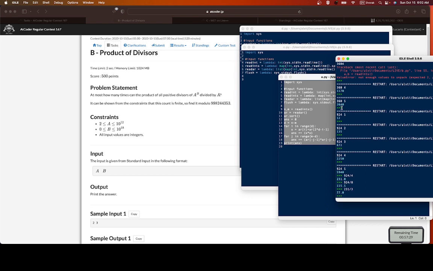I mean, with b we have to have some sort of infinite. Like b can be basically any value, but a can go only up to 10 to the 12.